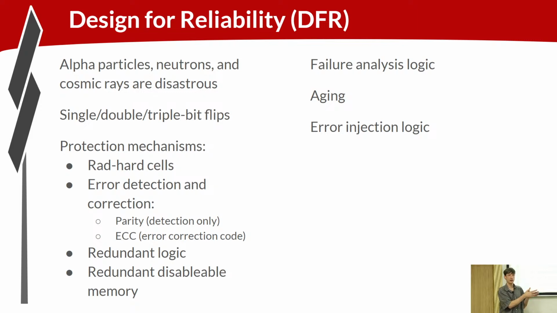If you figure out that a certain region of memory or a particular address is unreliable, you want to be able to swap that address out. So you can also play games there with either blocks of memory or redundant memory that you can swap out for individual addresses to deal with those aging issues or manufacturing issues.